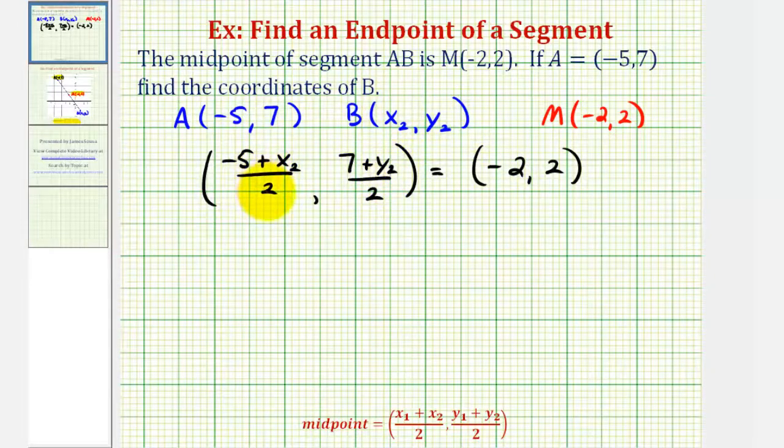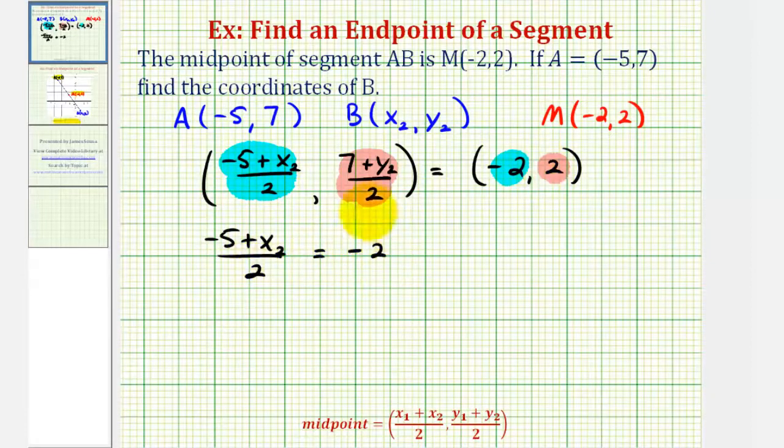We know (-5 plus x sub 2) divided by 2 must be equal to -2, and we also know (7 plus y sub 2) divided by 2 must be equal to 2. So let's first solve for x sub 2. We have (-5 plus x sub 2) divided by 2 equals -2. Let's clear this fraction by multiplying both sides of the equation by 2.